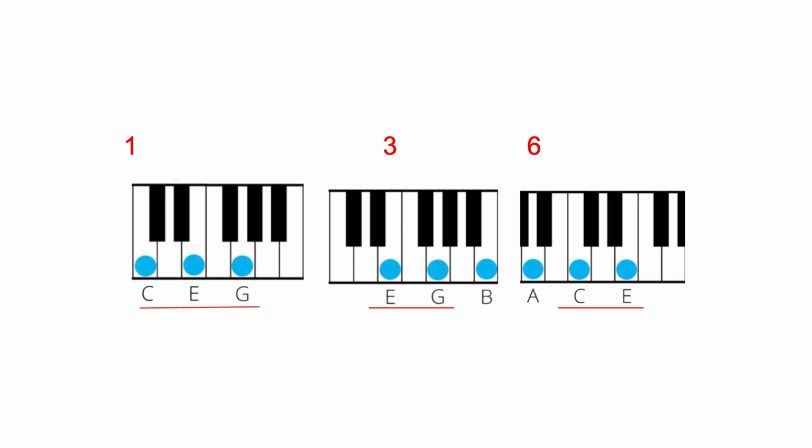And so the 3 chord has the 3, the 5, and then the 7, whereas our 1 has the 1, 3, 5. The 3 chord has the 3, 5, 7. So it shares 2 notes with the 1. The 6 chord is 6, 1, 3, has the 3 notes to its triad. And that also shares 2 notes with the tonic, the 1 and the 3.